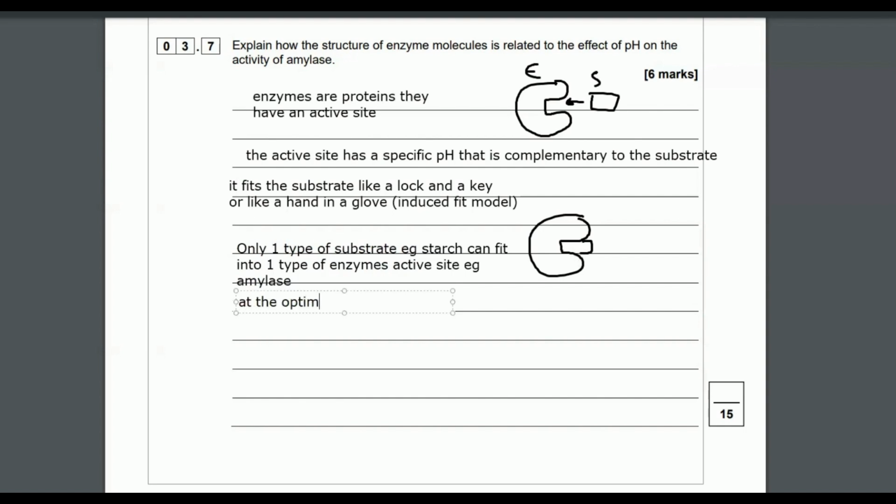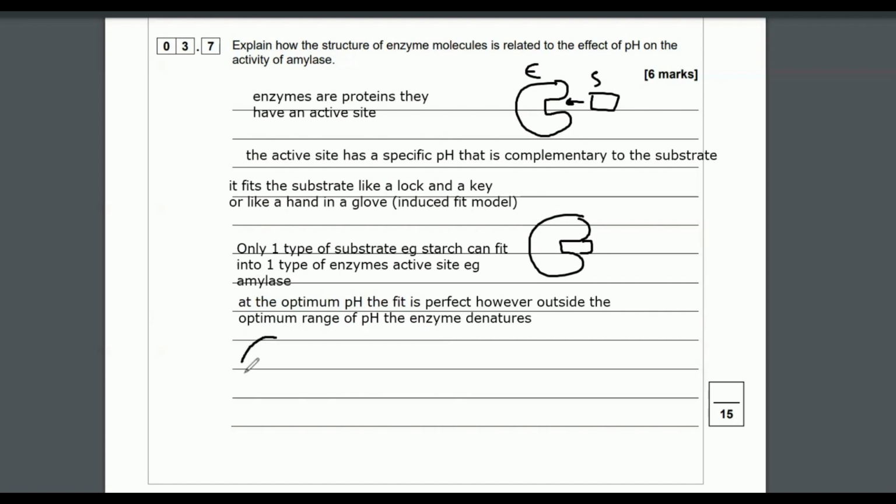At the optimum pH, the fit is perfect. However, outside the optimum range of pH, the enzyme denatures. Now, do you know what denatures means? We normally talk about denaturing in terms of temperature, kinetic energy, destroying the active site.